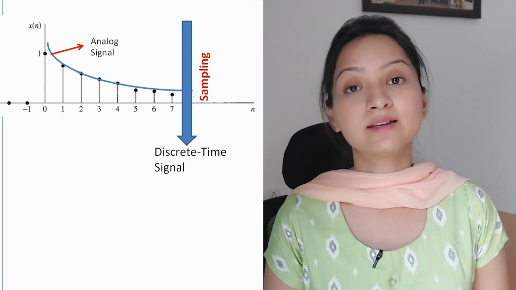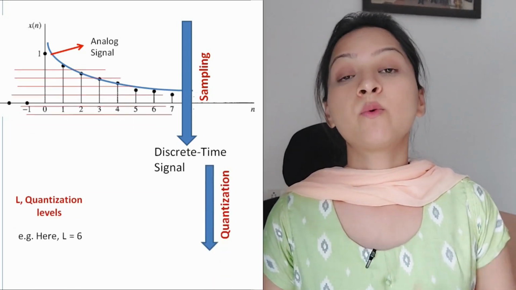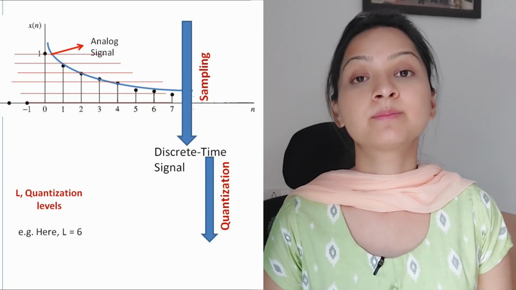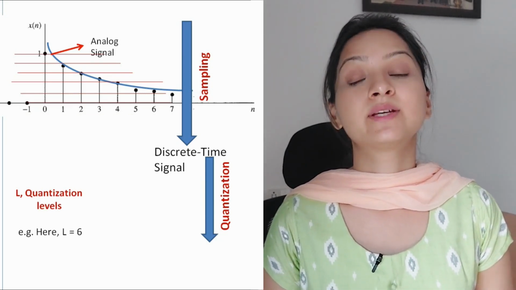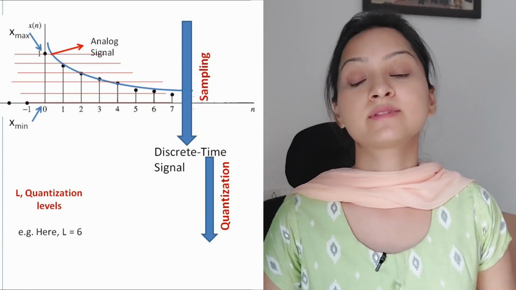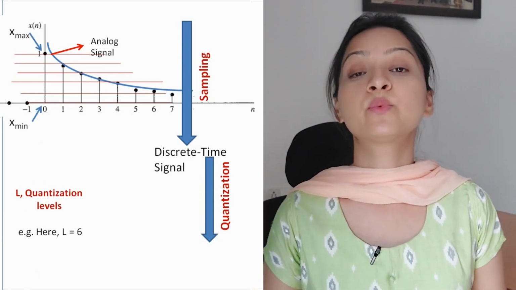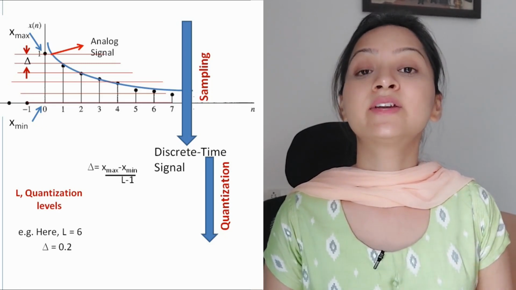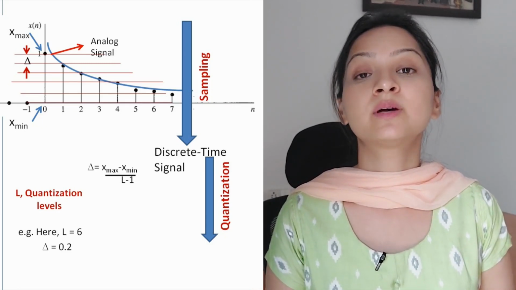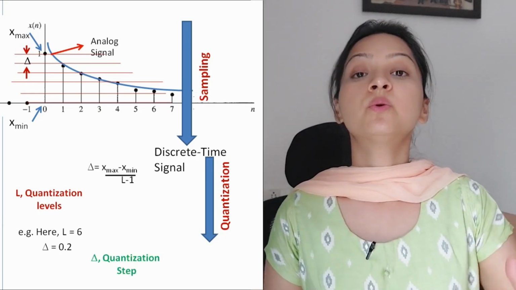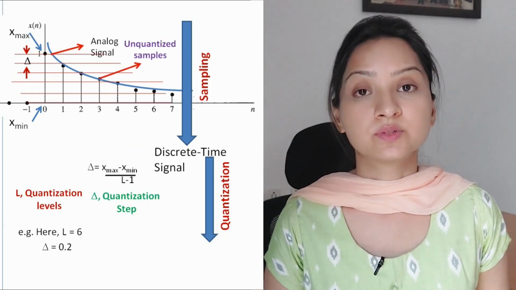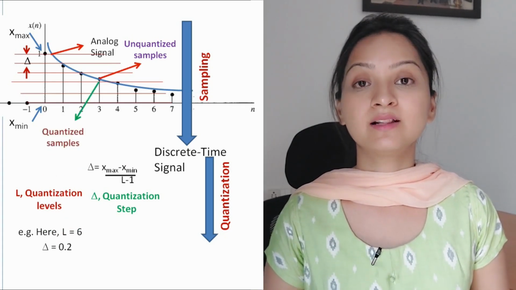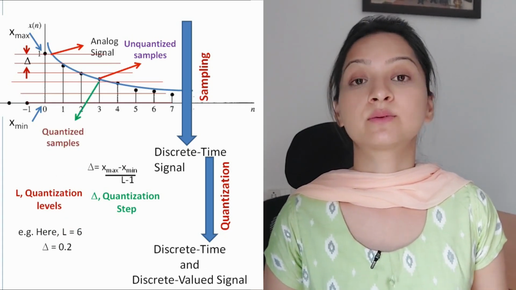Now the next thing is that some sort of quantization has to be performed on this discrete time signal, and it is this quantization process which results in quantizing the values of this discrete time signal to a set of discrete values. And after this quantization process, we will be getting a signal which is discrete time as well as discrete valued.